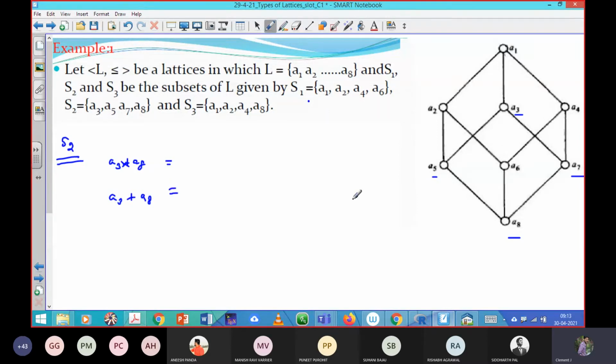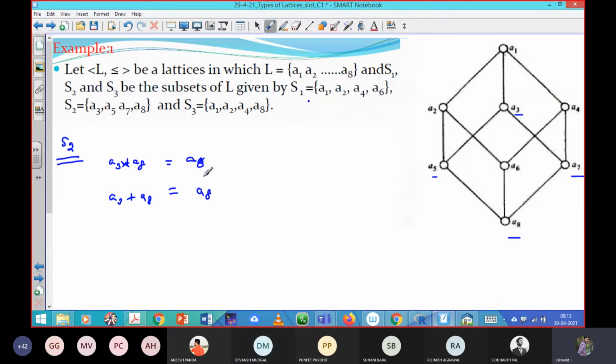Can you say the answer of A3 star A8? A3. Very good, that is very easy. A3 plus A8: A8. That's it. A3 star A8 is the GLB, is it right? I think it's reverse. Very good. Correct, A8 and then A3.